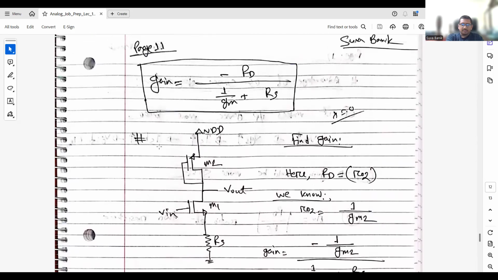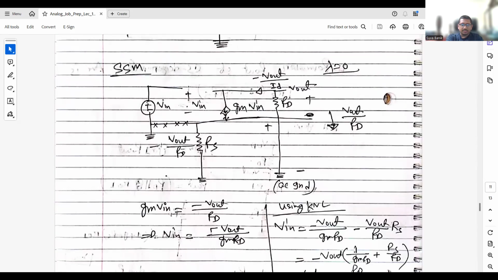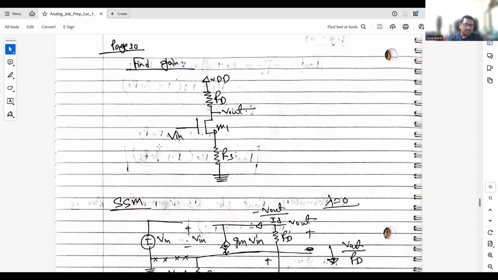Okay, just consider any source degeneration circuit. Let's say this circuit. If my input Vin is increased, the VGS will increase. If VGS increases, my drain current will increase. If you remember the MOSFET current equation, you will find that the MOSFET's current is proportional to VGS, right?